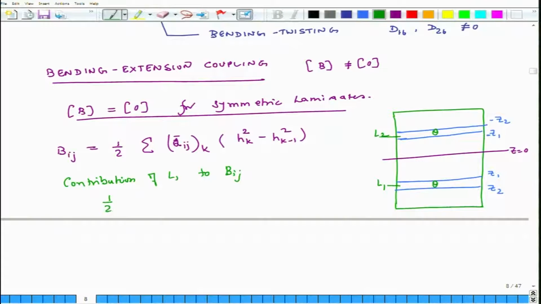It will be half Qij bar for this layer, L1, times Z2 square minus Z1 square.